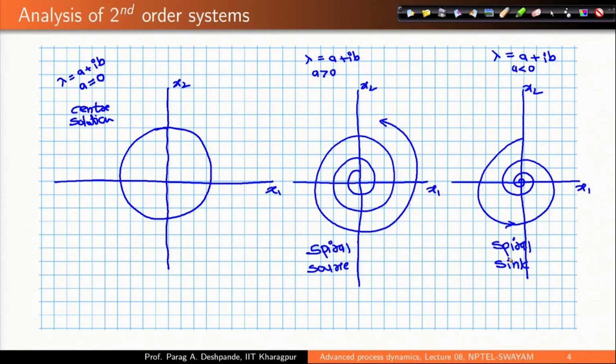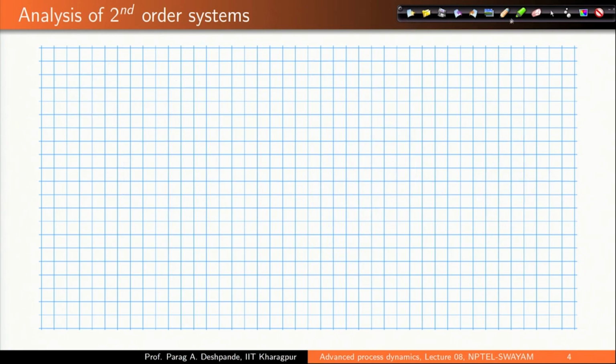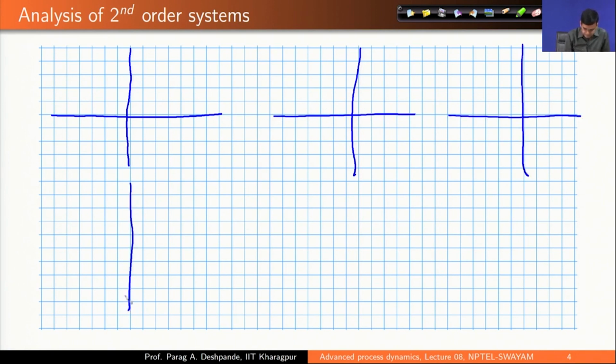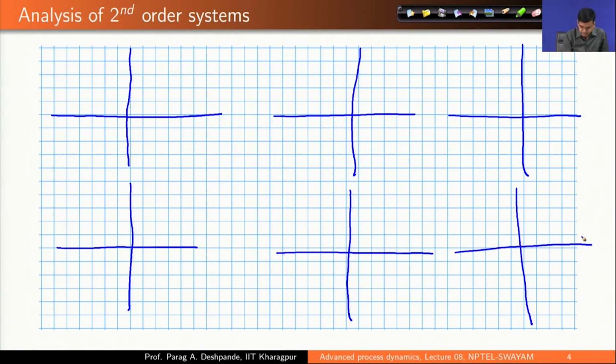So, let us very quickly draw all the possibilities which we saw today. x1, x2, x1, x2.